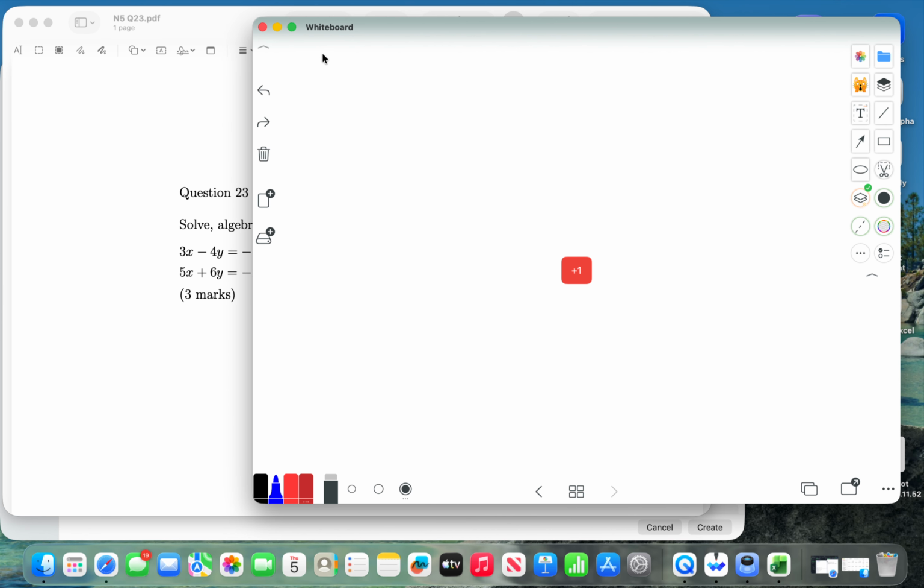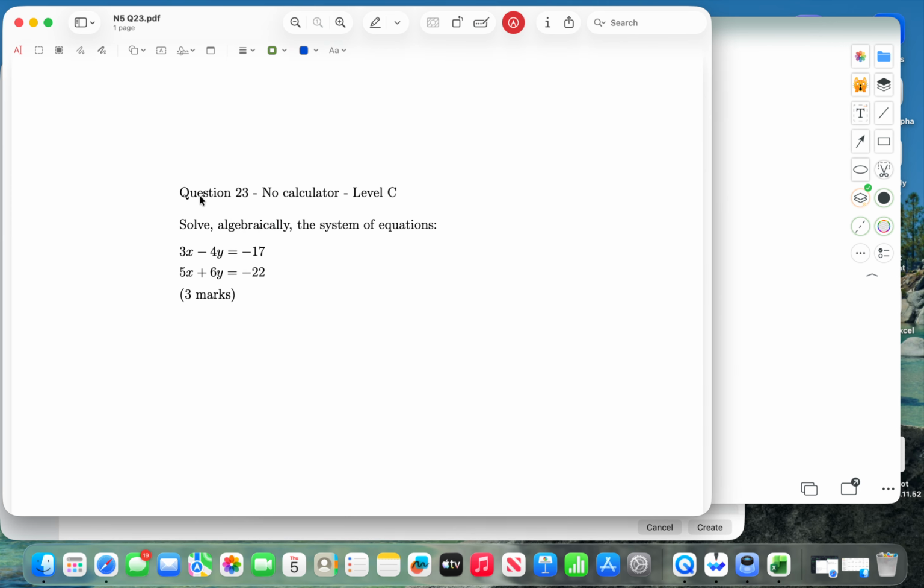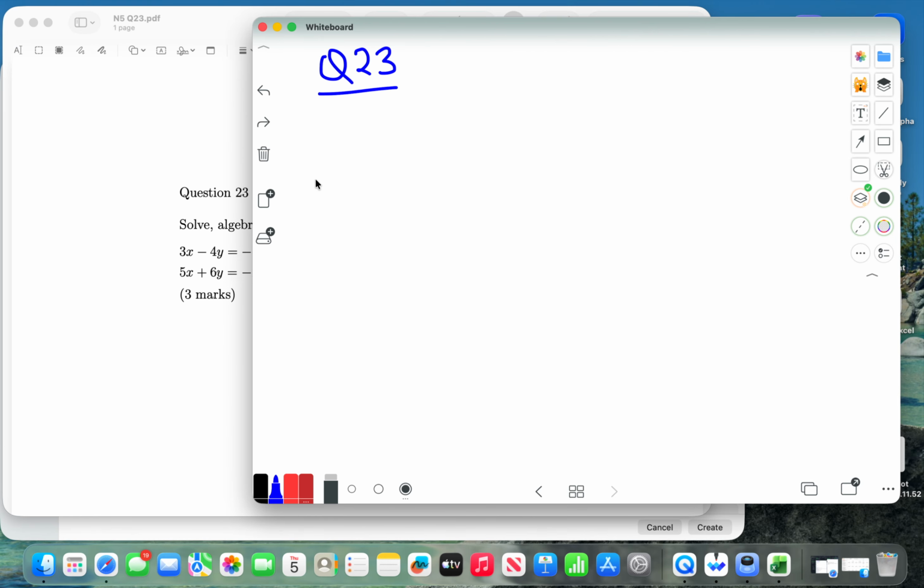I'll go on to the next page. Then you have to pick one of these equations. I suggest that you use the equations in the question because they're easier to work with. Remember, the scaled up equations are equivalent to the ones on the exam, so I'm going to use the first one.